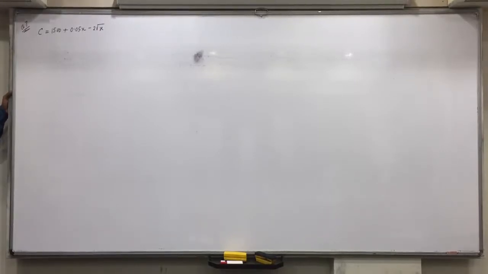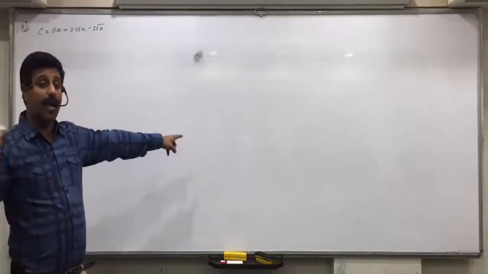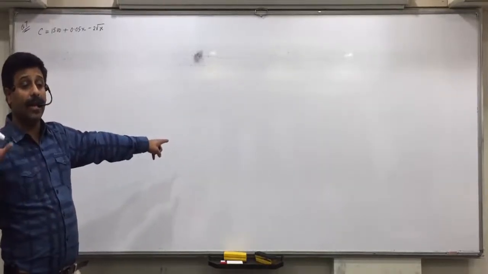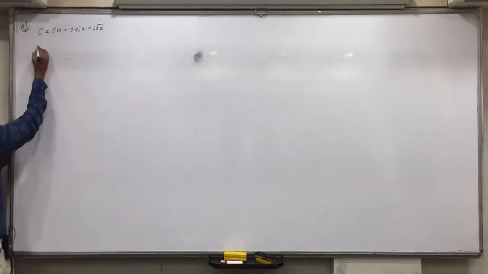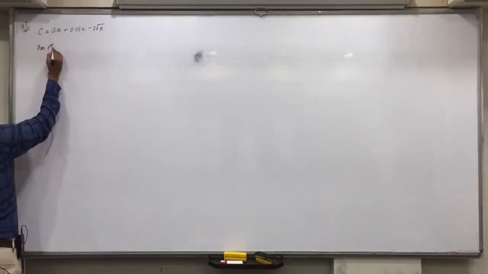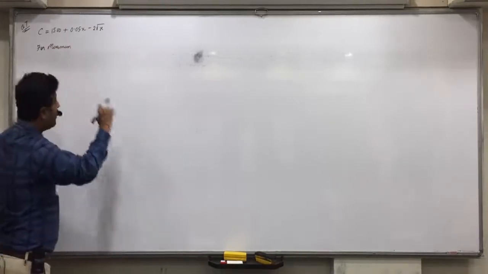Answer is already given. We don't have to find the minimum cost. We just have to find up till that condition, d square c upon dx square. At 400, that should come, sorry, positive. So let us find it for minimum cost.